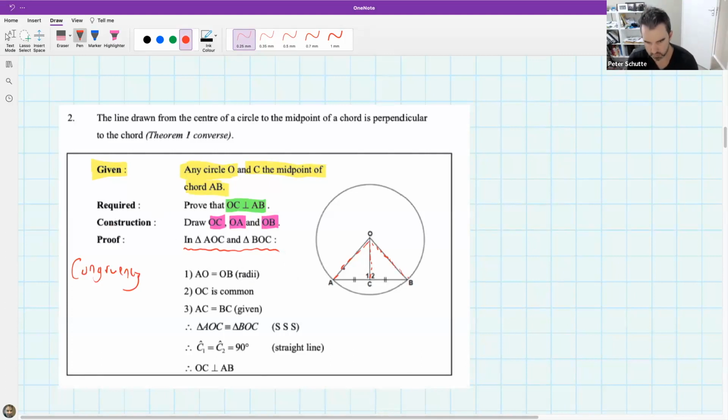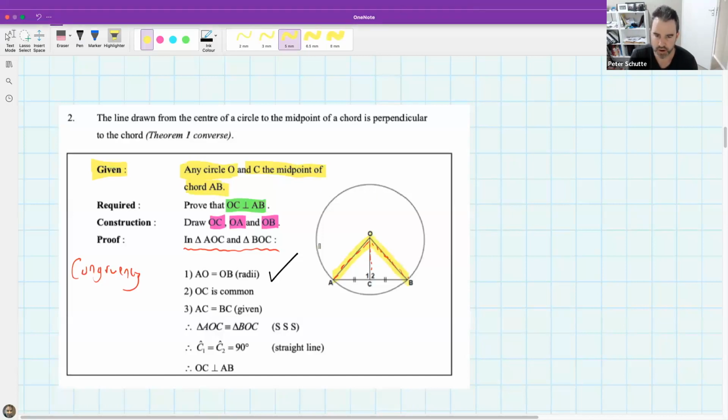Okay, now, remember what we're trying to do. We're trying to prove that there's a right angle here, but we haven't got there yet. So what we do first is we say the following. We say, okay, AO equals OB. Now, how do we know that AO equals OB? Well, it's because of radii.